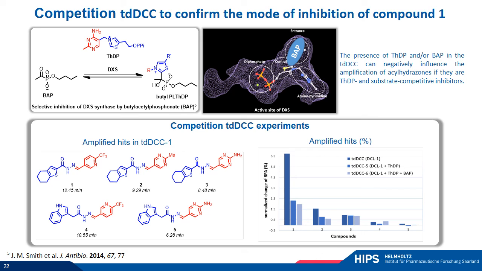As you can see, for compound 1, 2, 4, and 5, addition of thiamine diphosphate decreases their amplification to a significant level, which further decreased when we used thiamine diphosphate and BAP. So this study suggests that most of these identified hits from DCL1 compete with thiamine diphosphate and one of the substrates, which also supports the mode of inhibition study of compound 1 done by competition assays.